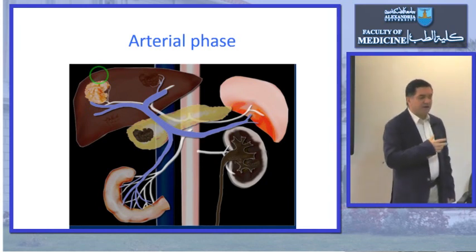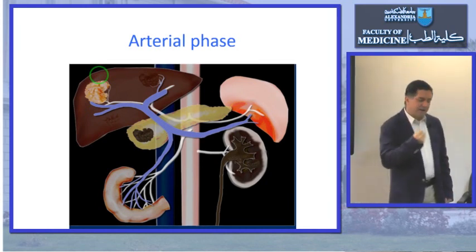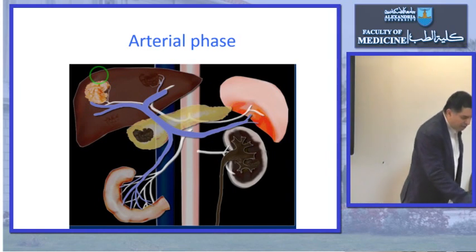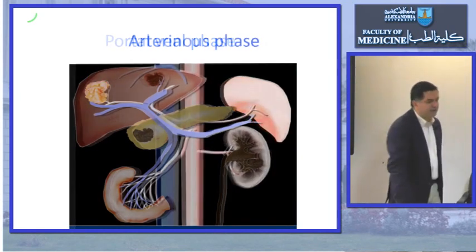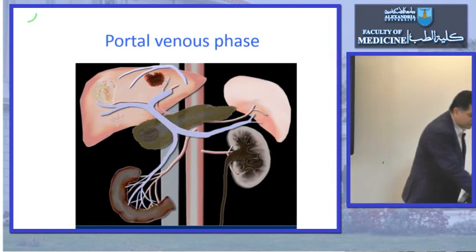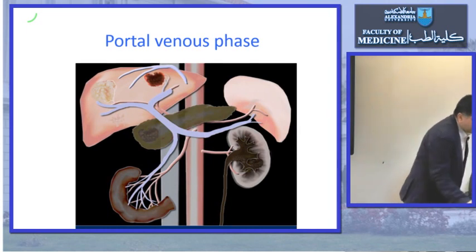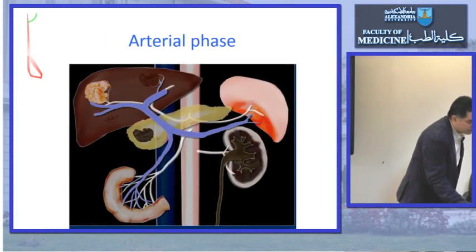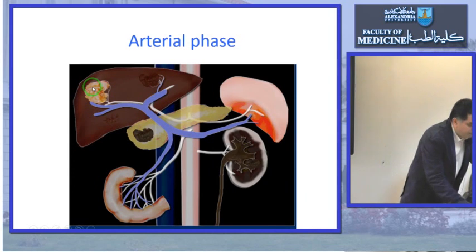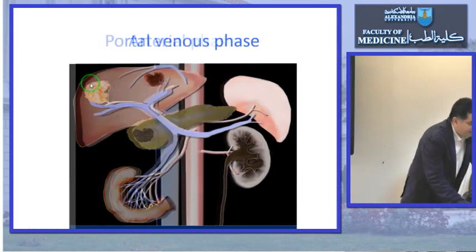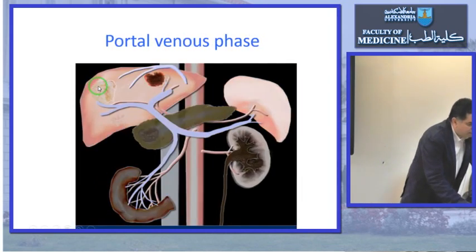In the arterial phase, the tumor will take the contrast very well, and then in the portal venous phase, it will wash out very rapidly. Again, here the tumor takes the contrast very well, and in the portal venous phase, it washes out the contrast.